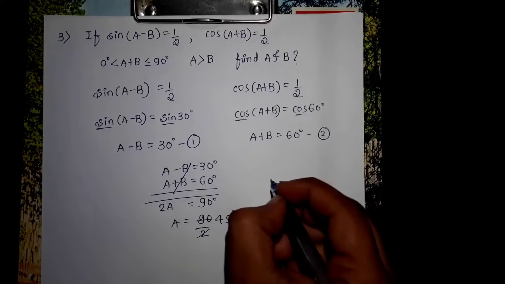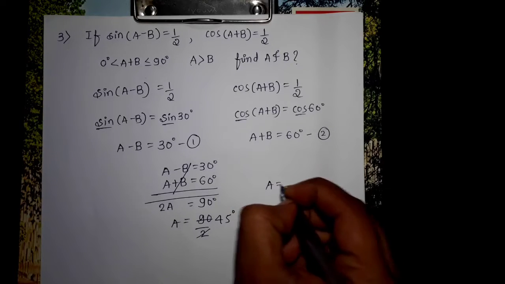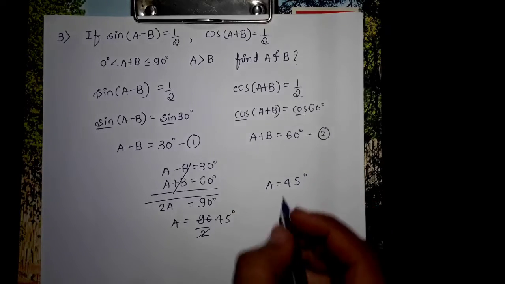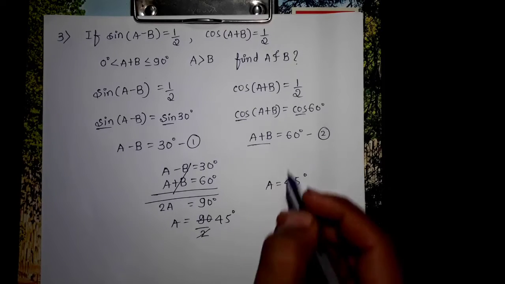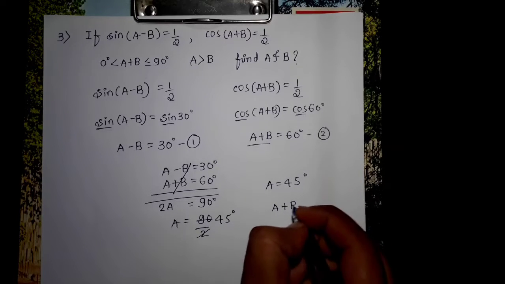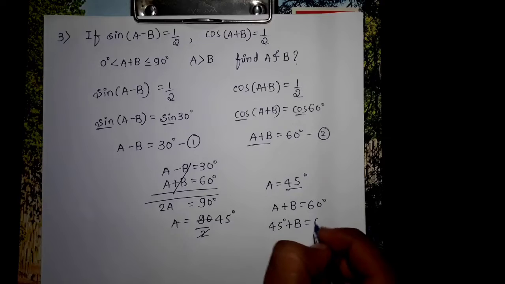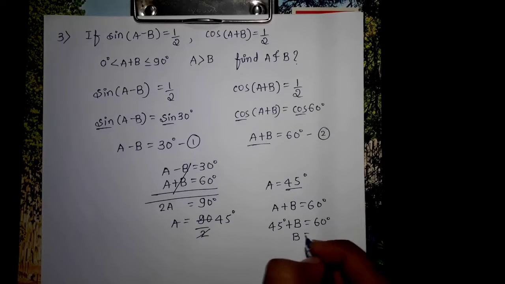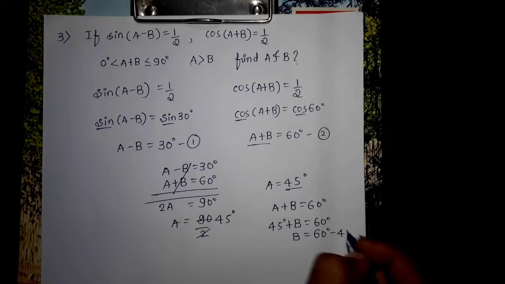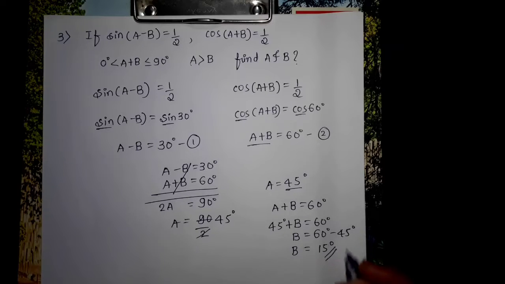Now we got a equal to 45 degree. Now see here, from equation 2, what we have? A plus b equal to 60 degree. But what is the value of a? We got 45 degree. 45 degree plus b is equal to 60 degree. Therefore value of b is 60 degree minus 45 degree. That is nothing but b is equal to 15 degree.